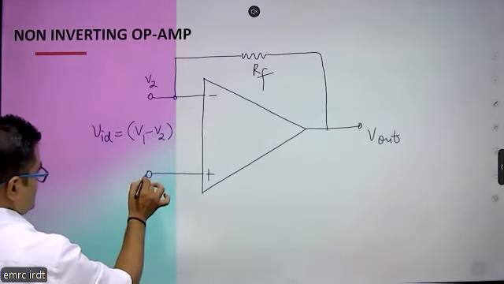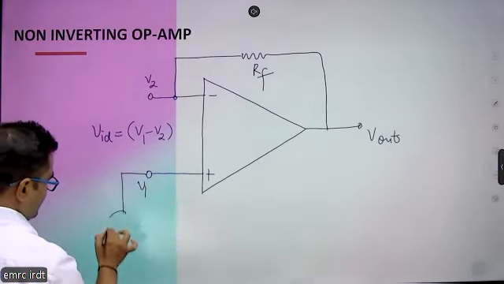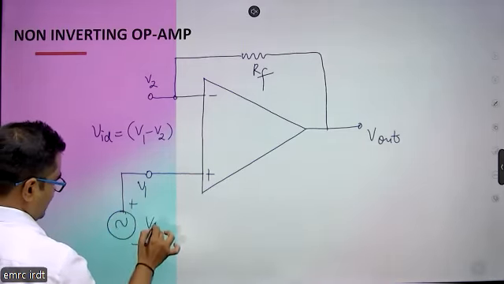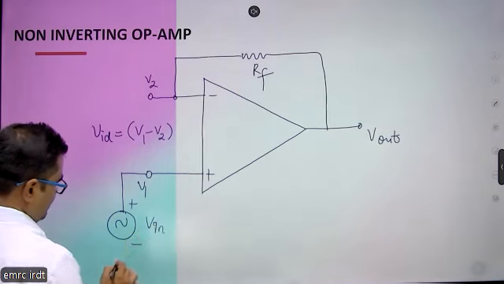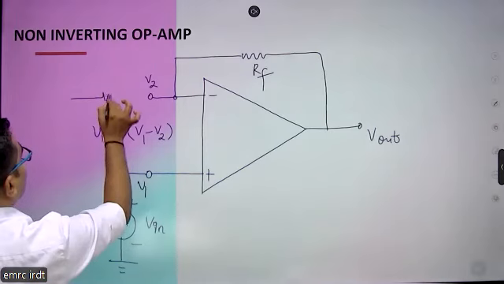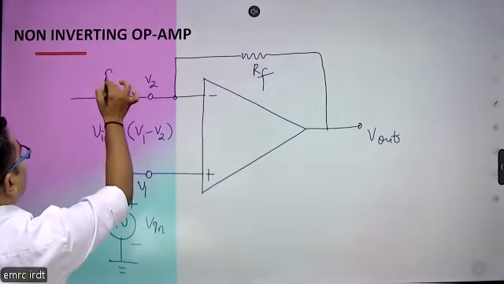So this is a voltage that we are connecting here, that is plus and minus. This one is V input, and here we have a resistance, that is R.